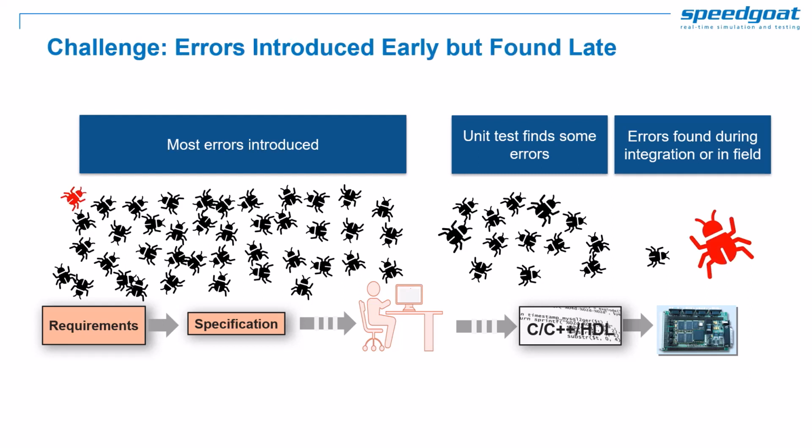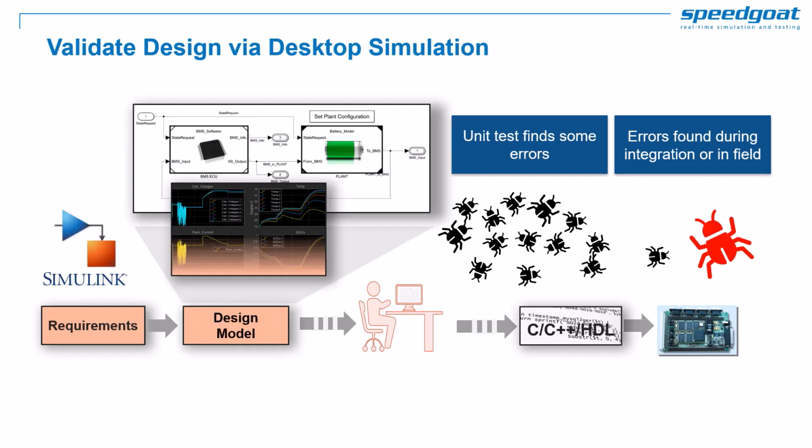As you've seen in the diagram earlier, the later a bug is found, the more expensive and time-consuming it is for the whole development. Therefore, you want to identify this late error as early as possible. The best way to do that is to test the requirements and design model of the controller early on using desktop simulation. This allows for the early identification of many bugs in the design process.